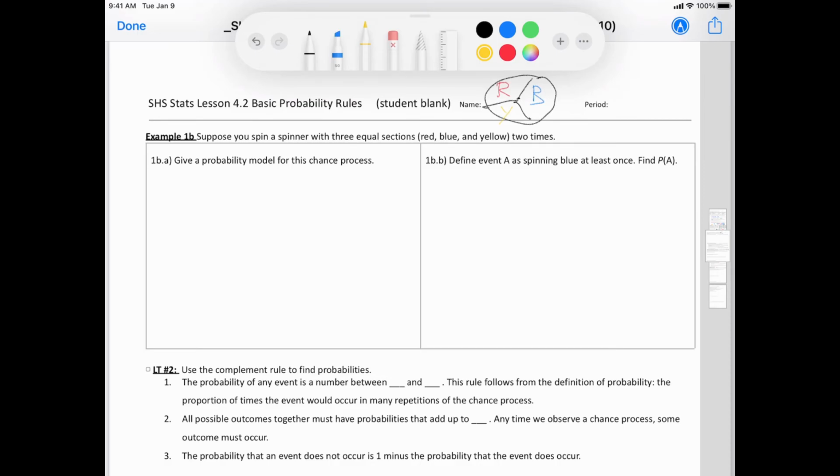Give a probability model for this chance process. So here, I'm just going to write the sample space. And another easy word for it is just all outcomes. What's everything that can happen?